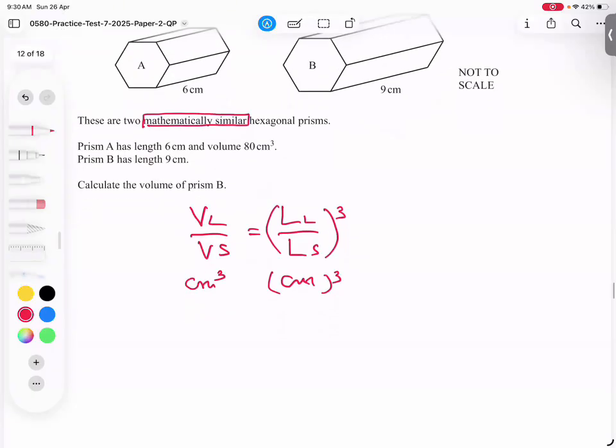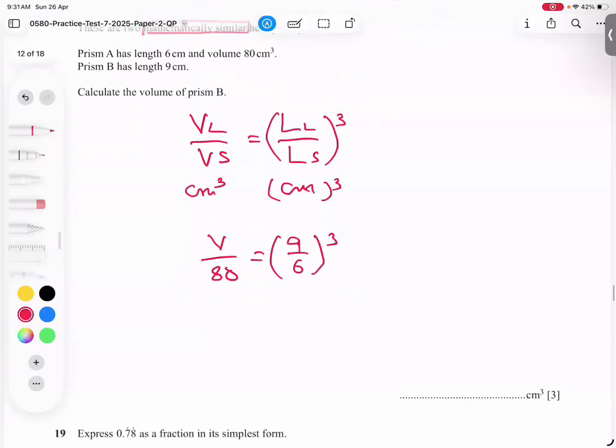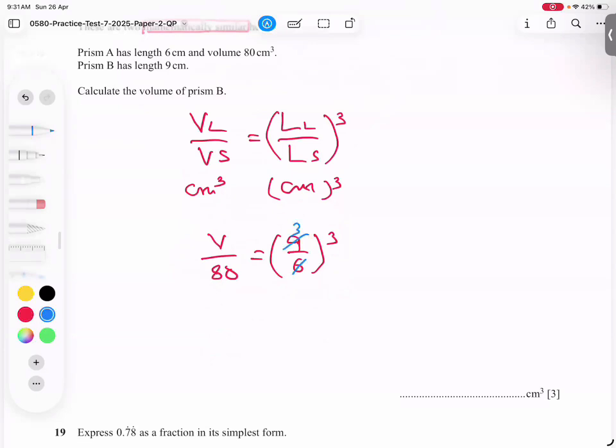Now, students, when I plug in the volume of the large as unknown and the volume of the small as given, here is 80. And the length of the large is 9 and the smaller is 6, so 9 over 6, and put power 3 here. First of all, simplify 3 times 3, 2 times. 3 to the power 3 is 3 into 3 into 3, which gives us 27.